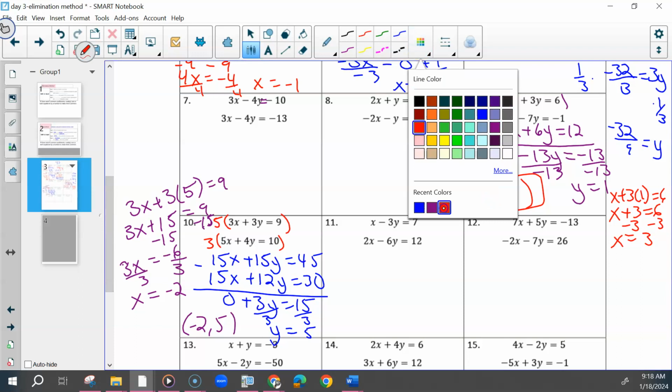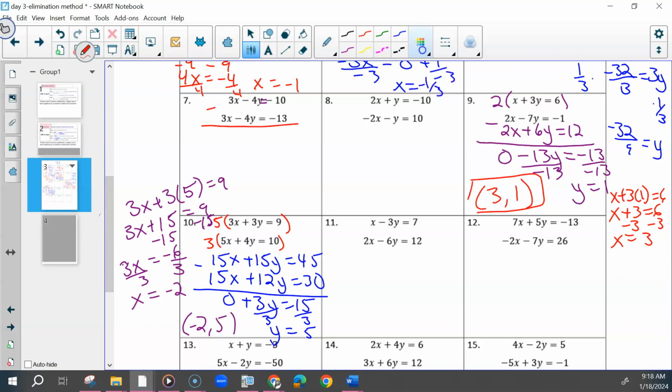Well, what happens when we subtract? Minus negative 13, that will be a plus. So your variables cancel, you get 0 equals 3, which is what had the solution.